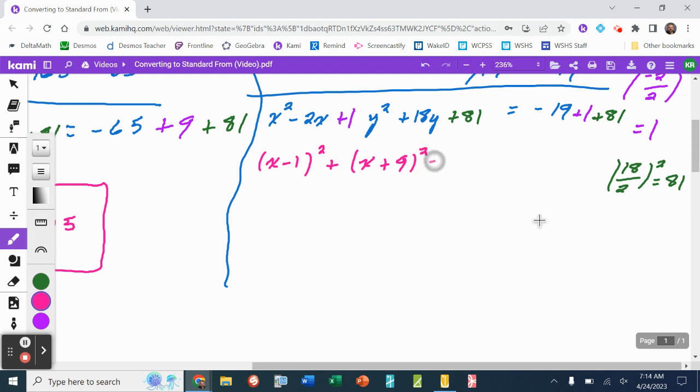And now I just need to combine the terms on the right-hand side. So I have -19 plus 1. That'll give us a -18. And then I need to do 81 minus 18, which will be 81 minus 10 would be 71, minus another 8 would be 63.